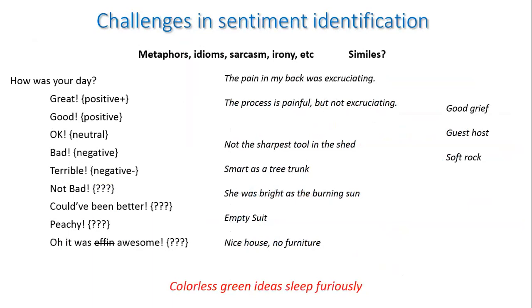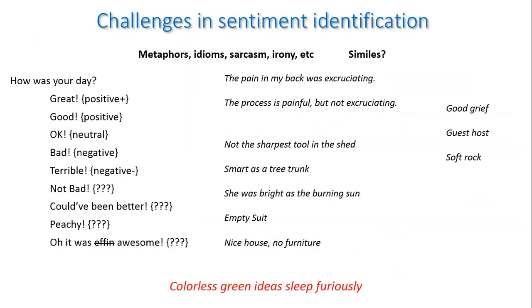There are many, many challenges, and most of them are related to how we use language. Human beings are very, very creative with language, and that is a problem for NLP in general, but more specifically, it's a bigger problem for sentiment analysis. The language structures that pose major challenges to sentiment identification are listed here.